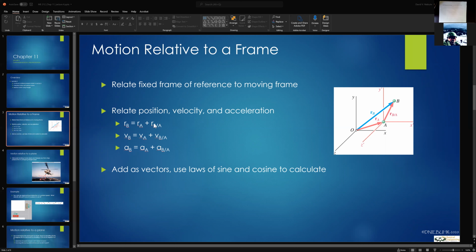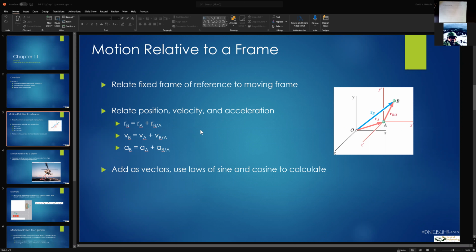You can also write the equation as r_B relative to A equals r_B minus r_A, so it would be B minus A. You should be able to remember that just by the order in which the letters go.